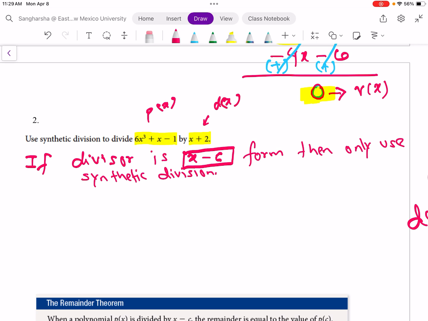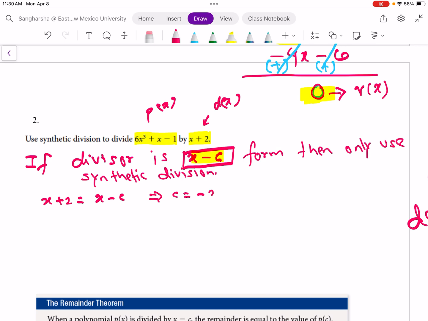Now the very first step is that we compare our divisor with x minus c and find what c equals. Our divisor is x plus 2. We compare with x minus c. What should c be so that we get x plus 2 from x minus c? c has to be negative 2, right?